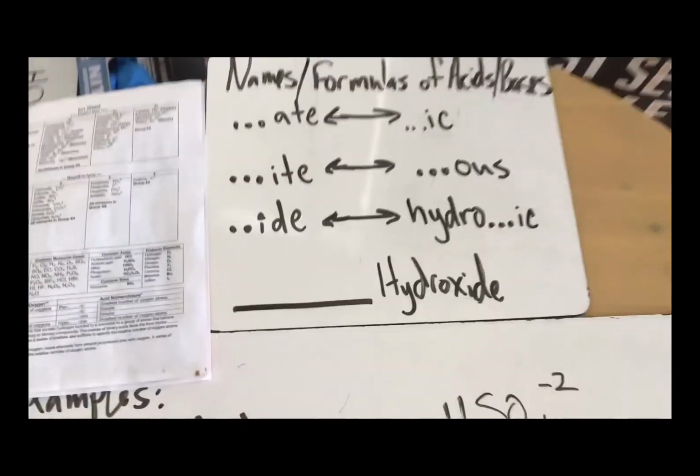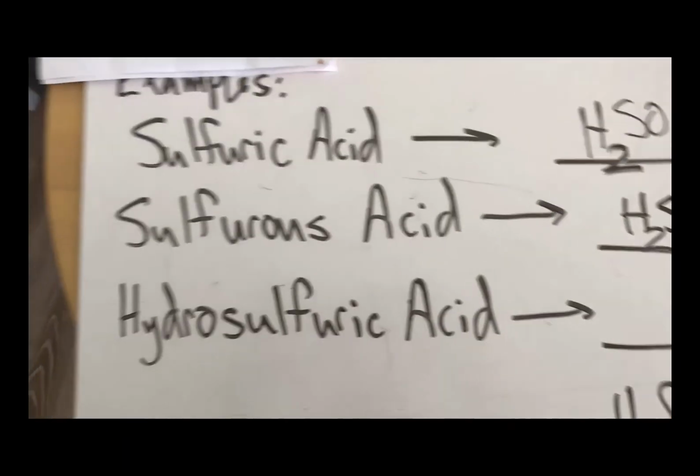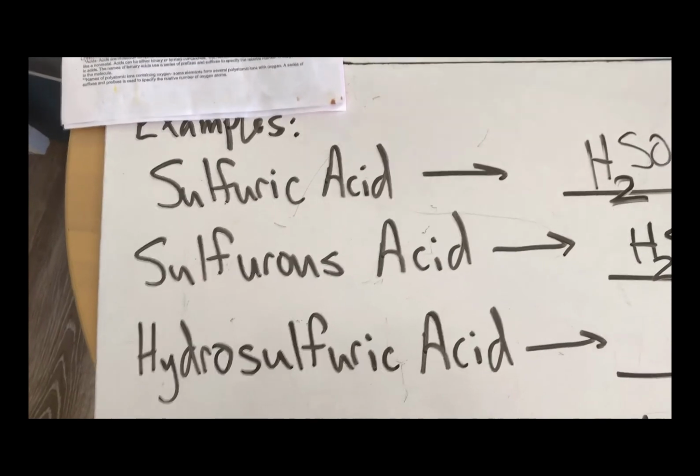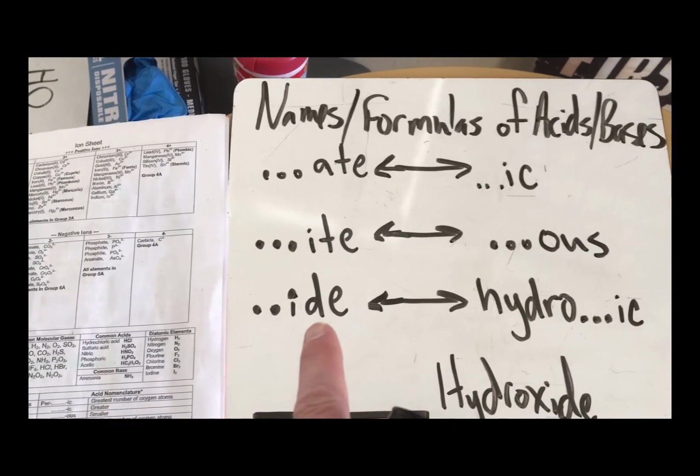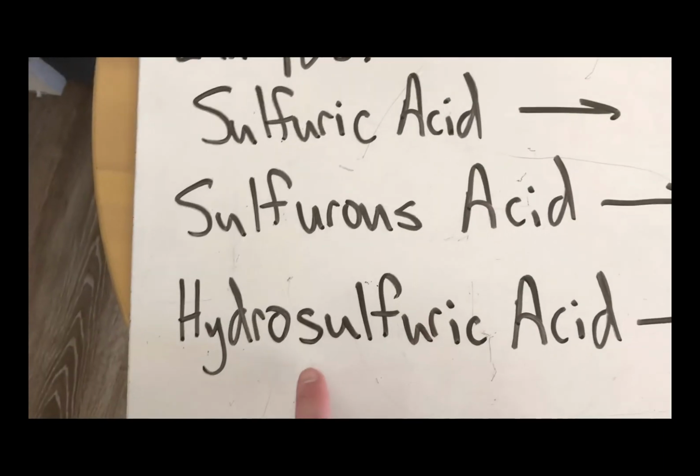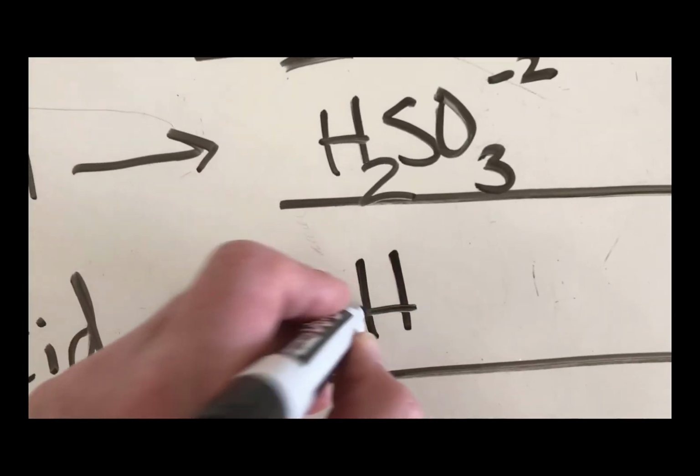Okay, going to these naming rules again: hydrosulfuric acid. Hydro-ic means that it is an ide. So I know that I have hydrogen with a sulfur, because the ides are off the front of the periodic table.